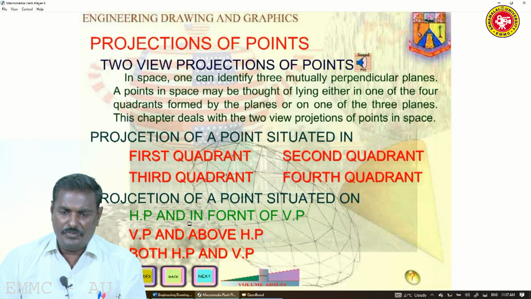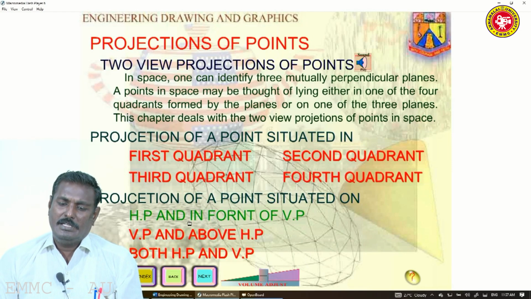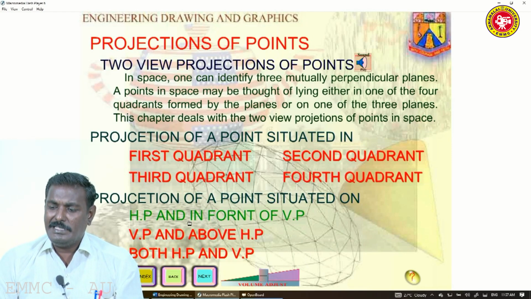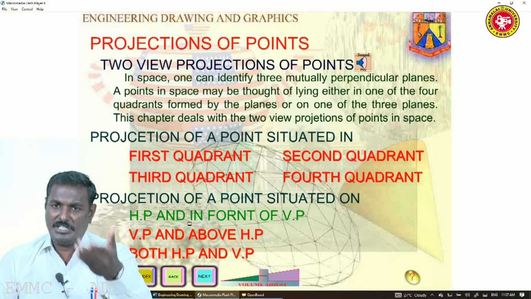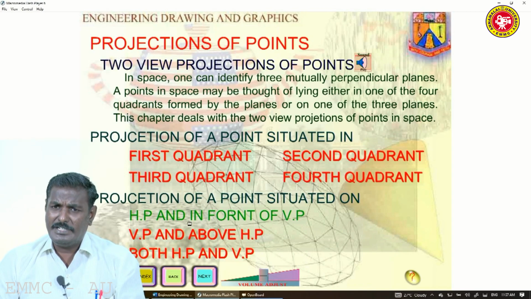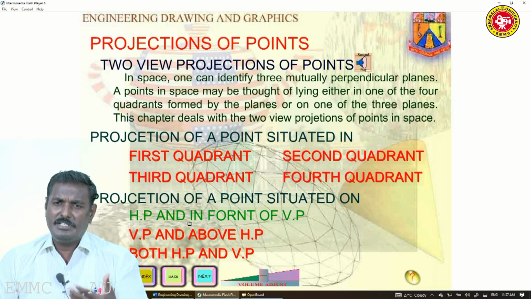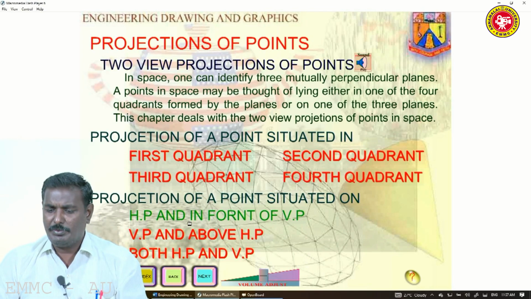Now, 2 views of points. In which quadrant is the projection of the point situated? Suppose the first quadrant. Already I stated in the previous session that there are different quadrants: first, second, third and fourth, giving first angle projection, second angle projection, third angle projection and fourth angle projection.